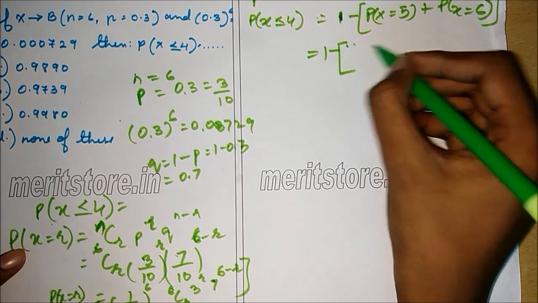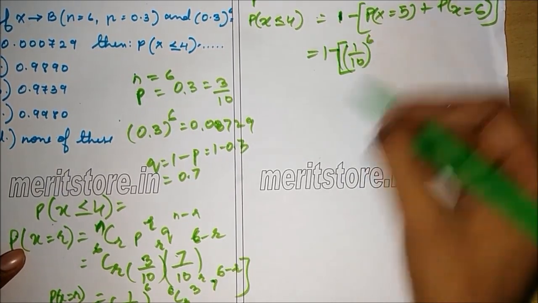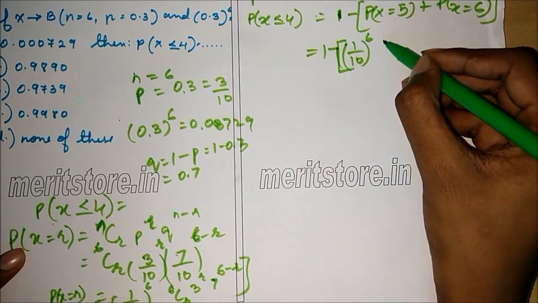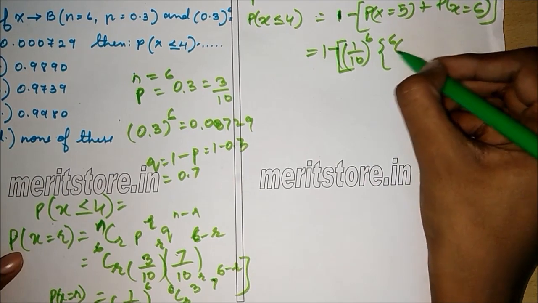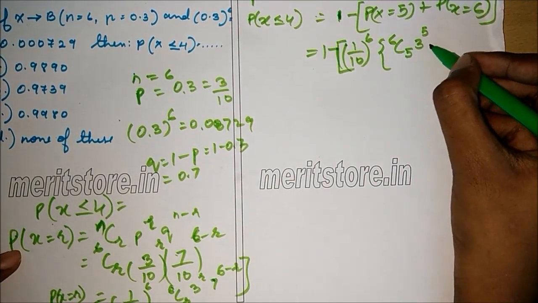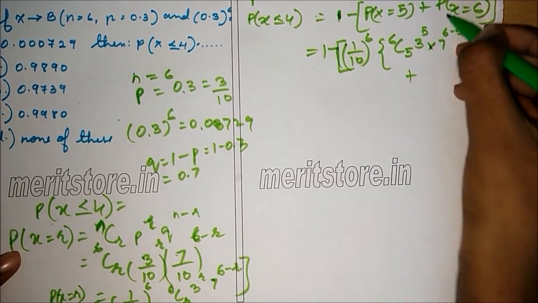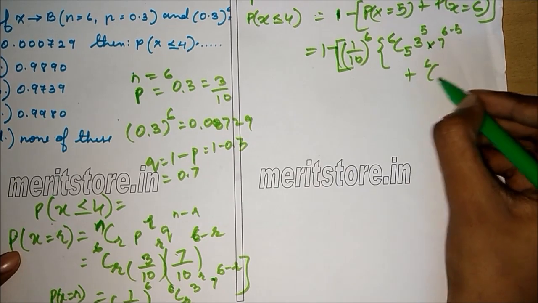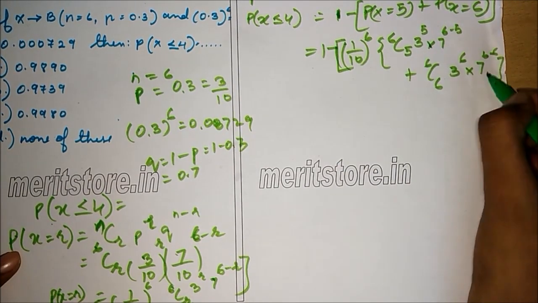So this is 1 by 10 raised to 6. We take this term common. So 1 by 10 raised to 6 is common. So 6C5, 3 raised to 5, into 7 raised to 6 minus 5, plus here r is 6, so 6C6, 3 raised to 6 into 7 raised to 6 minus 6.